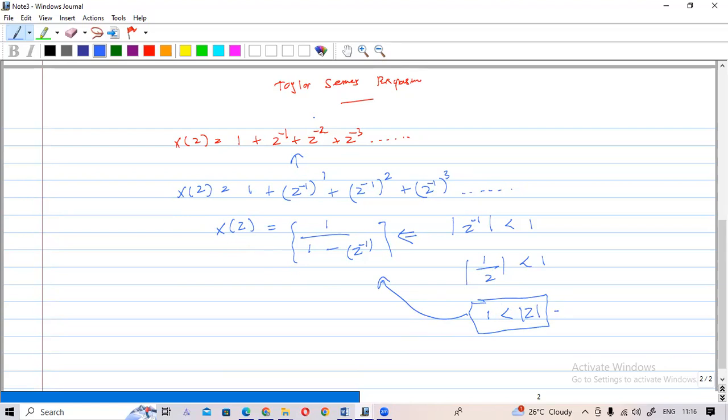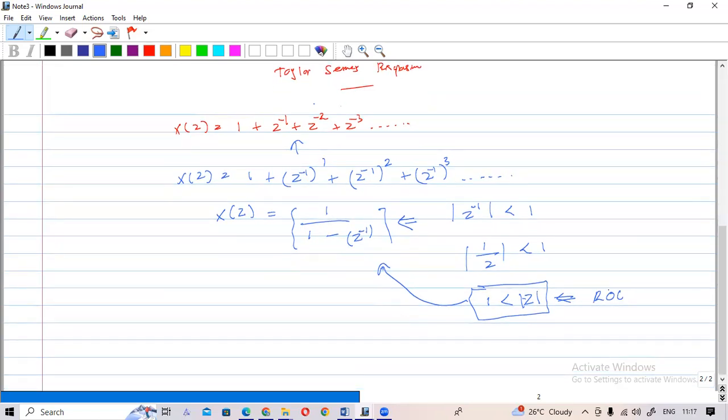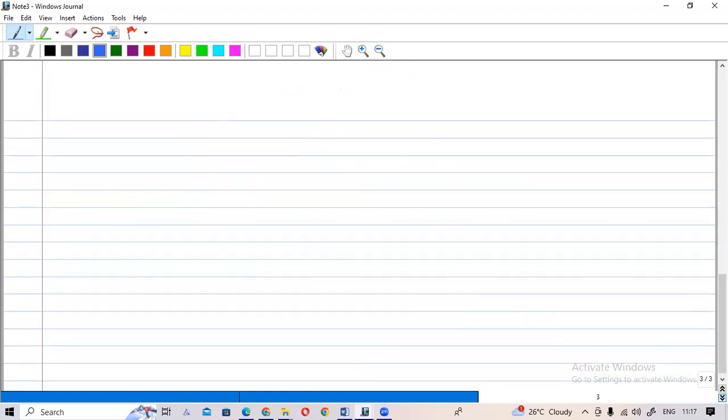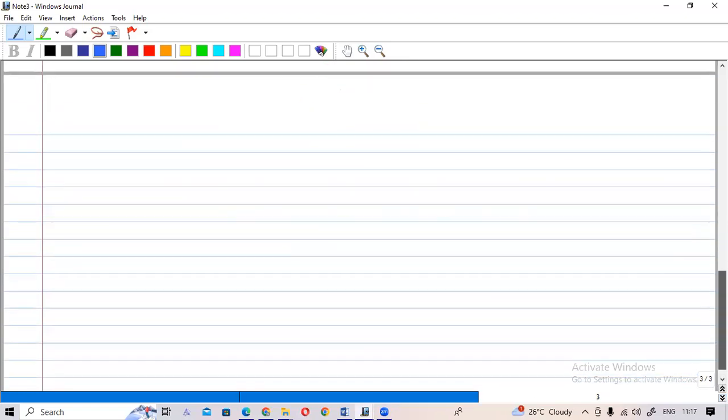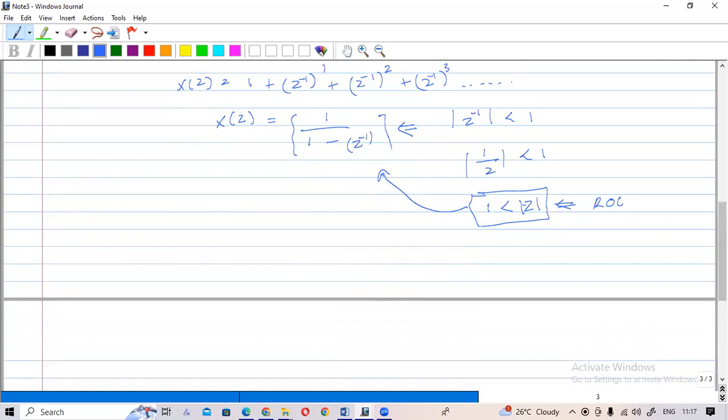So this will be the ROC. If z values are such that the magnitude of z is greater than 1, at that time only this X(z) exists, okay. So this is the ROC, okay. That is the definition of ROC. If we mark the ROC in the complex plane, it will be like this, okay.